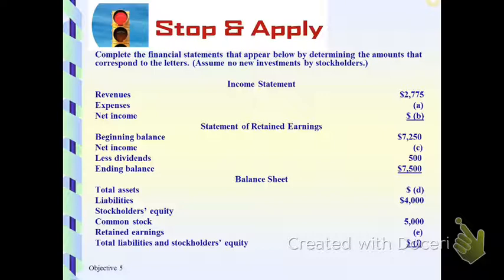I would suggest that you solve the problem by looking at it in terms of little mini formulas, such as assets equal liabilities plus stockholders' equity, or the retained earnings formula: beginning retained earnings plus net profit minus contributed capital minus dividends, plus contributed capital minus dividends equals ending stockholders' equity. And then your net profit or net income is just simply revenues minus expenses. So look at each of those in terms of little algebraic formulas.